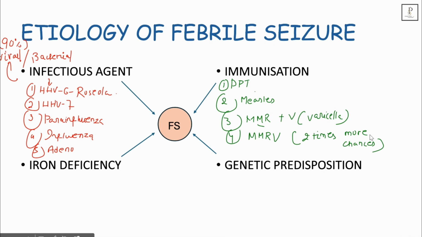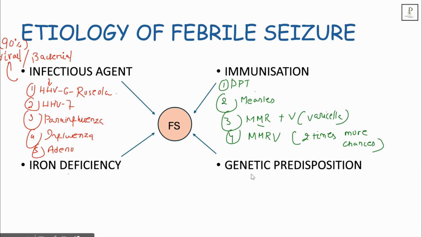So it is better to give MMR and varicella separately. But the important thing to note is that immunization as such will not cause febrile seizure. Immunization leads to fever and that fever causes febrile seizure. Immunization is not the direct cause of seizure. So if febrile seizure happens, there is nothing to worry about.